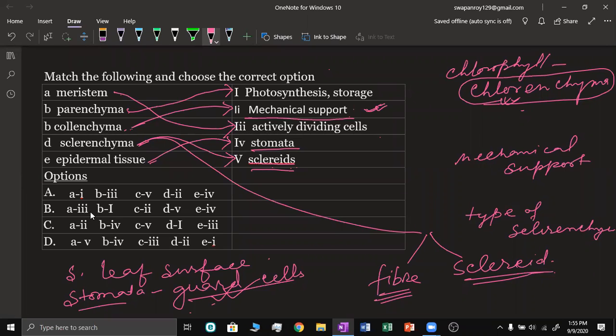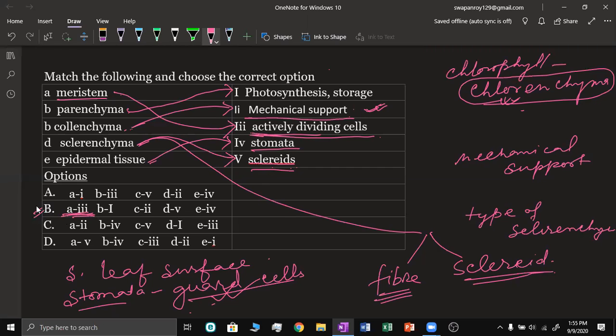Now, which one is 1 with 3? So only this one is going with meristem, actively dividing cell. Actually, if you see, this option to determine is very easy, because if you know that meristems are actively dividing cells, and here A is not having any other match, only option B is showing that this one is with actively dividing cell.